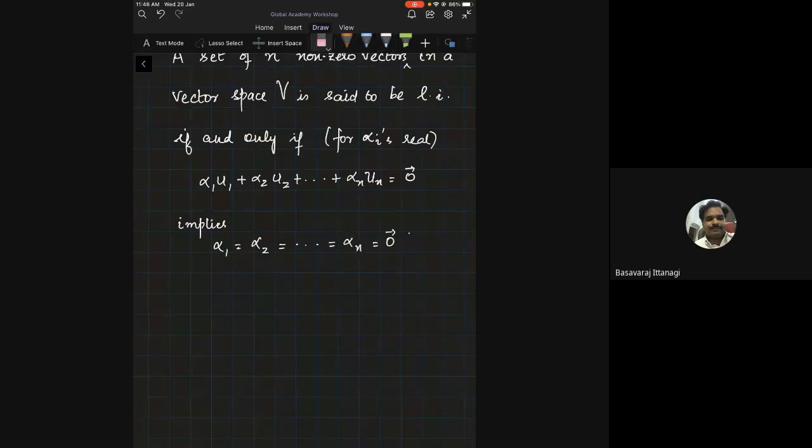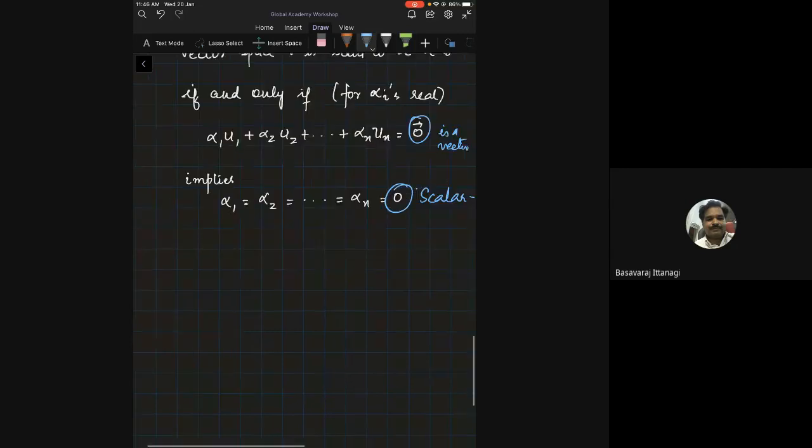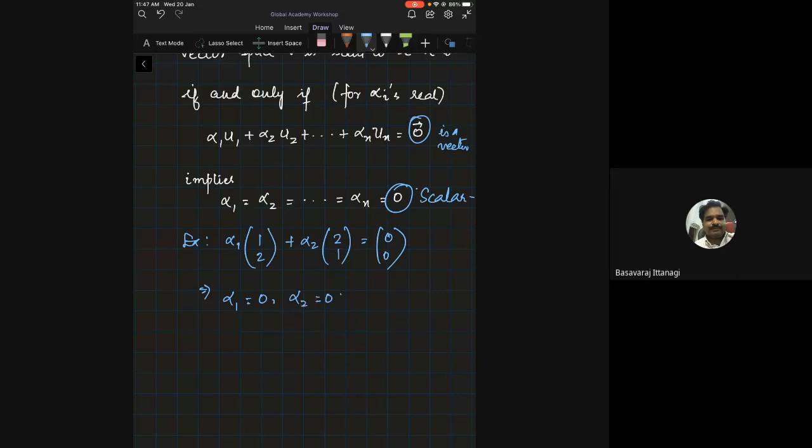Sorry, this 0 is a scalar, and this 0 is a vector. Okay. Example. We already took that: alpha 1 into (1, 2) plus alpha 2 into (2, 1) is equal to (0, 0) implies alpha 1 is equal to 0, alpha 2 is equal to 0. If that is the case, then the vectors are called linearly independent.